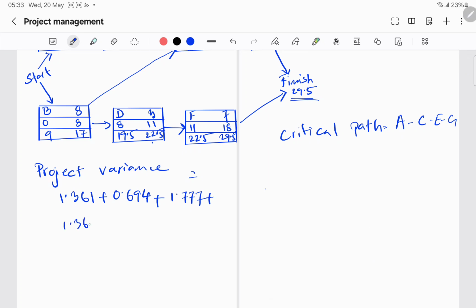So let's get the variance: 1.361 plus 0.694 plus 1.777 plus 1.361 is 5.193. This is our project variance, and this is our project expected time. That's all.